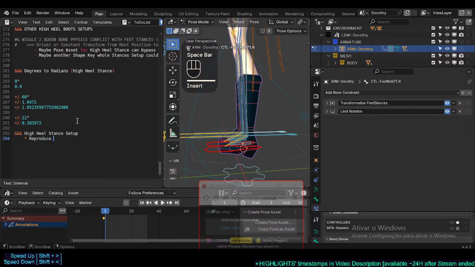Reproduce latest best setup. Yeah, actually develop best setup.